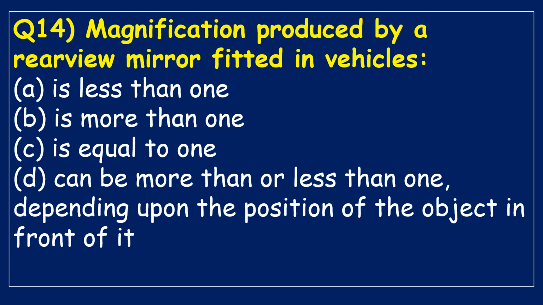Magnification produced by a rearview mirror fitted in vehicles. Option A is less than 1, option B is more than 1, option C is equal to 1, option D can be more than or less than 1 depending upon the position of the object in front of it. What is the question here?